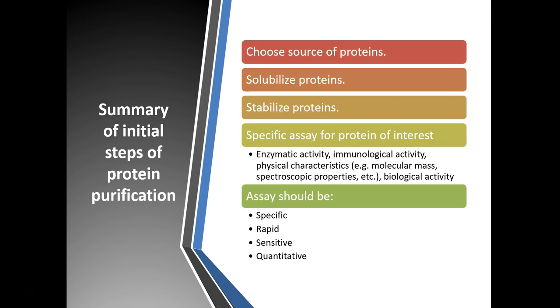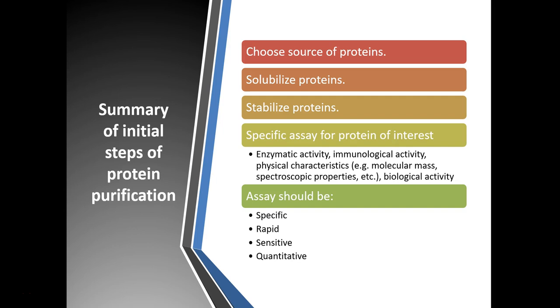It is very important to choose techniques and assays that are going to be quick, that are going to be very sensitive, so that even if I have a protein that is low abundance, not present in a very large quantity, I can still find it and I can still make some measurement on it. It has to be specific, so I have less chance of getting false positives or negatives.